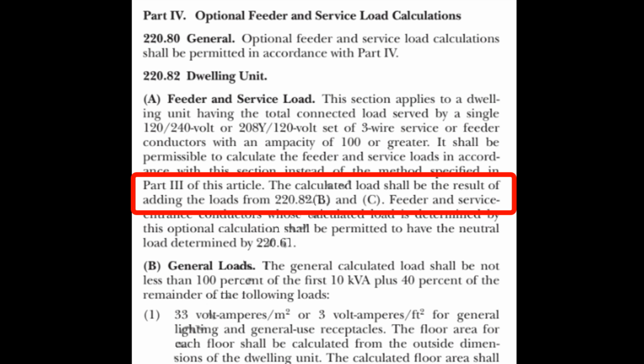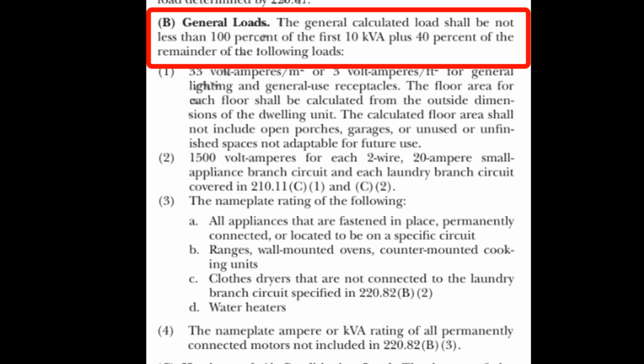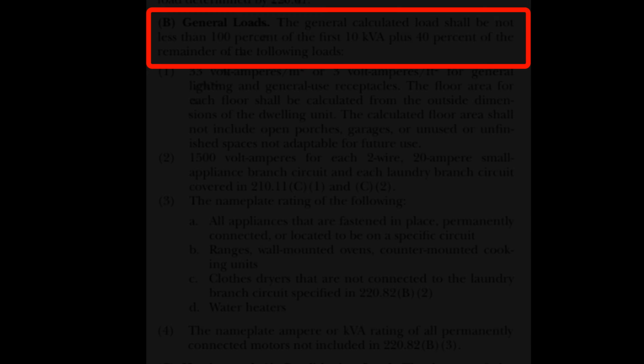If we recall 220.82a, the calculated load shall be the result of adding the loads from 220.82b and c. And section B tells us we need to calculate the general loads based on adding 40% of the loads greater than 10,000 volt amps plus 10,000 volt amps. So we add that to C, the heating and air conditioning loads, to get our final result. Let's do a quick and dirty example, then we'll dive into the spreadsheet to cover things in detail.